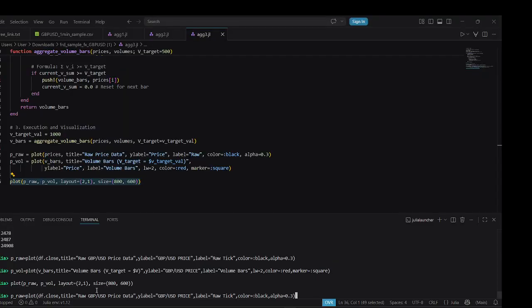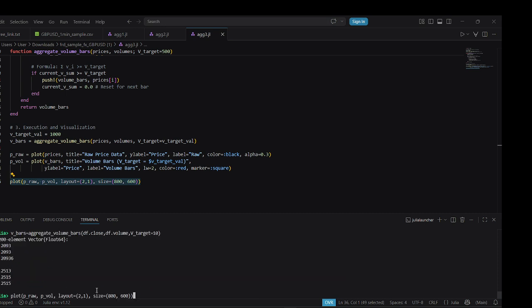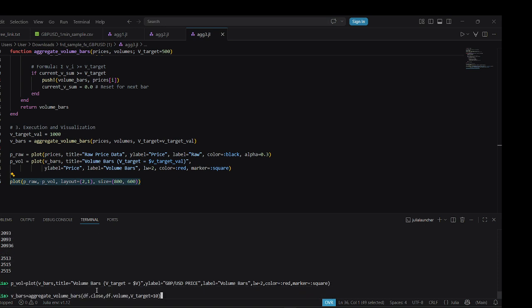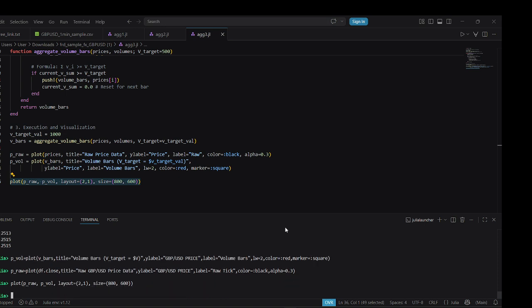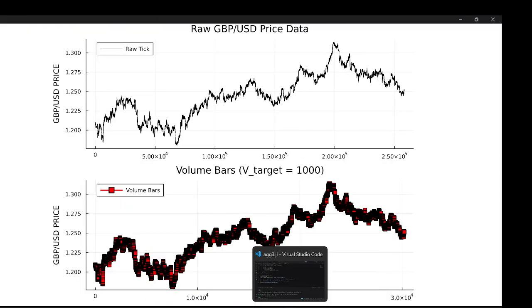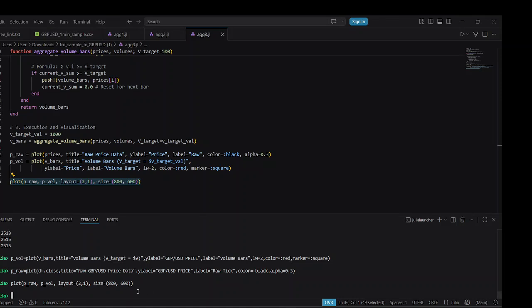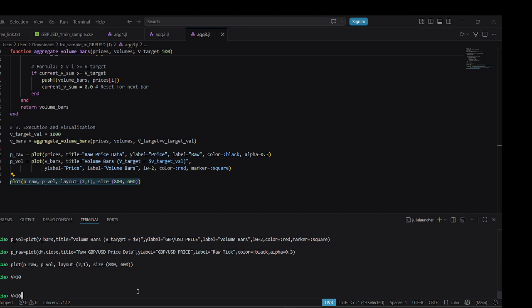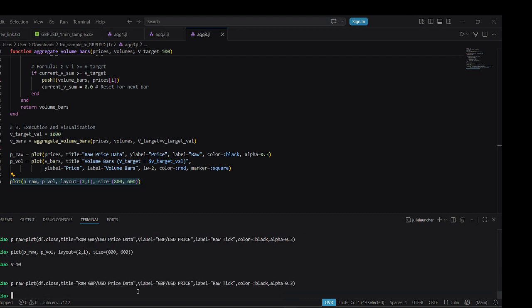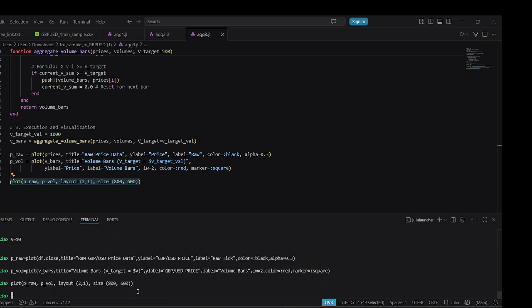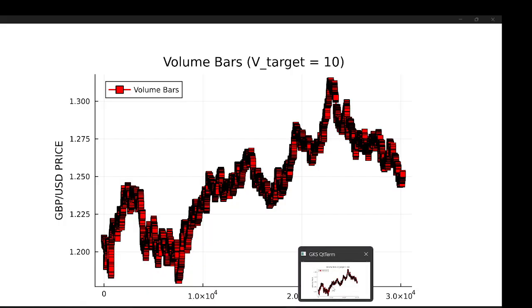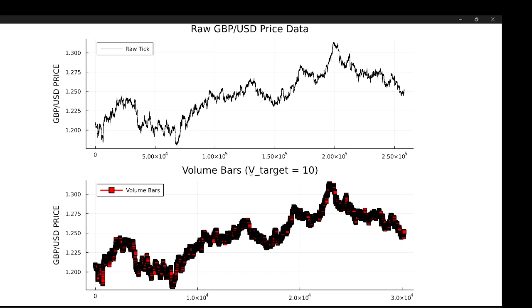Before I move on, I just want to test something to see if I've been doing this right. Okay, okay, okay. So the V target here is 10.